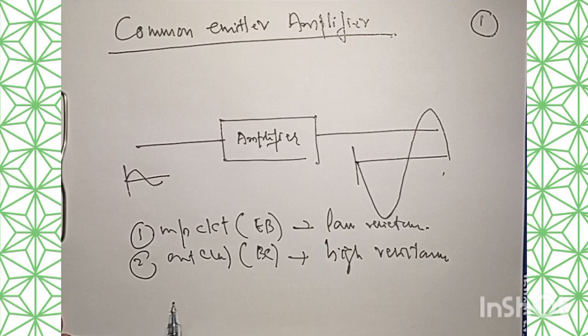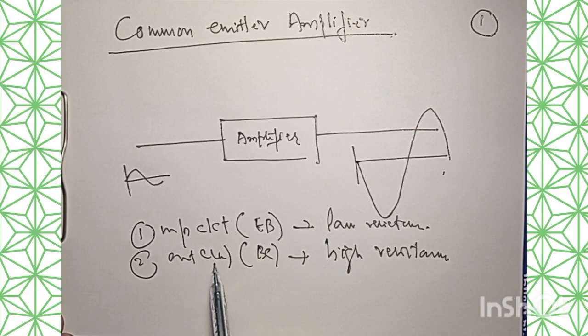The right thing at this point would be that I would like to draw the circuit in common emitter configuration and discuss the results. But if I go back to what I said, the input has low resistance and the output circuit has high resistance.